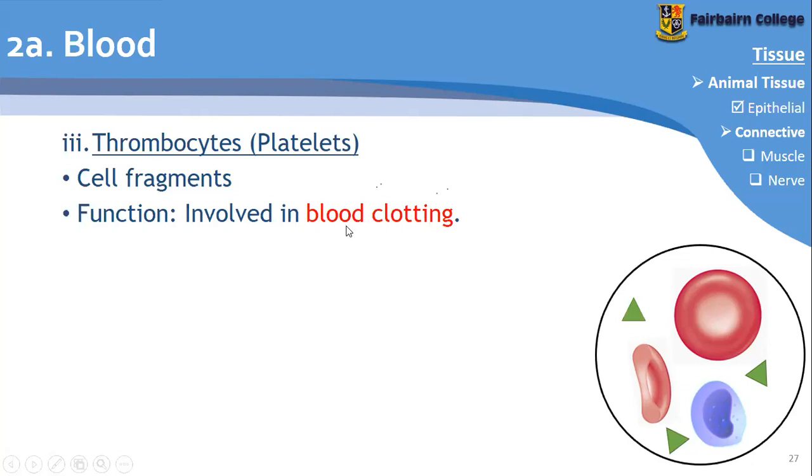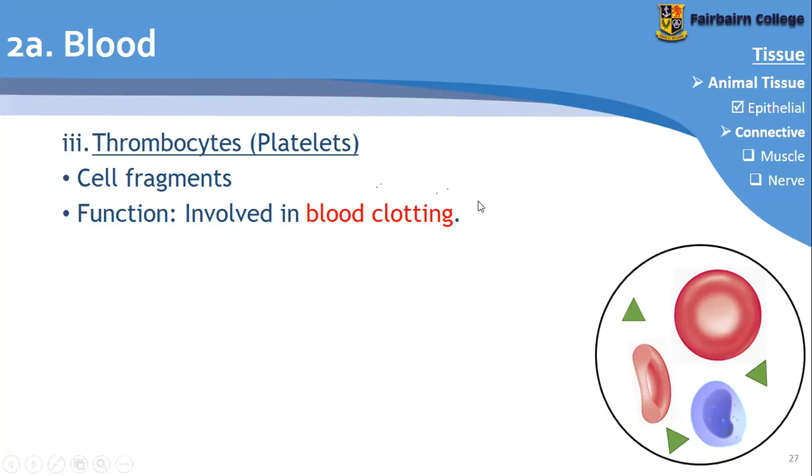So if you get a cut or a wound of some kind, then if that blood isn't stopped by something, then the blood will just continue flowing out of the wound, and you will eventually bleed to death. So in order to stop this, animals have evolved in a way that there's something inside of blood that reacts with the air and will start clotting if it is exposed to air.